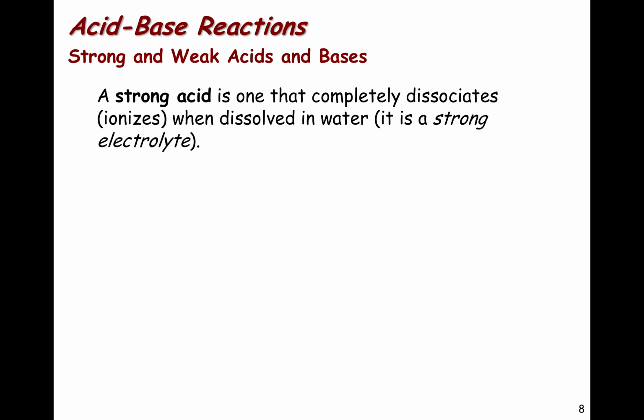At this point, we need to make sure that we understand some of our nomenclature here in terms of what these terms mean. And so the first is, what is the definition of a strong acid?